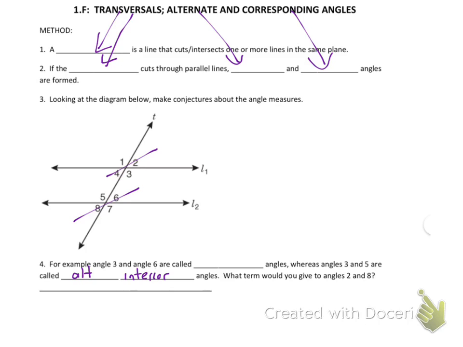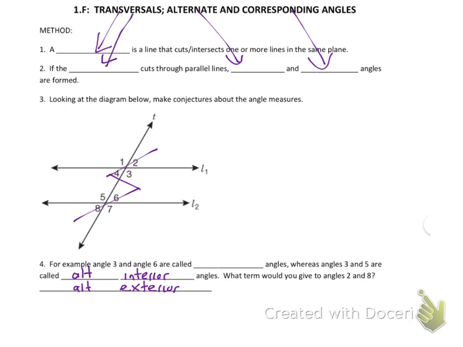And 4 and 6 are the same because that's alternate interior. Then 2 and 8 are called alternate exterior. So we got alternate exterior, alternate interior, and corresponding.